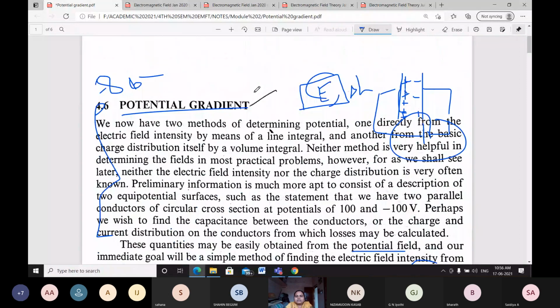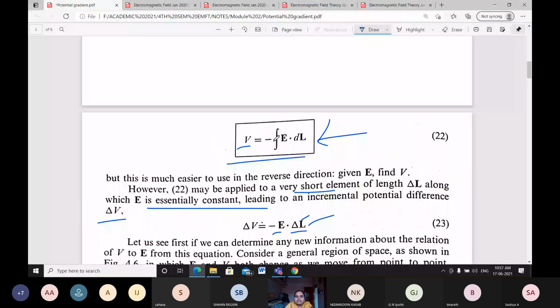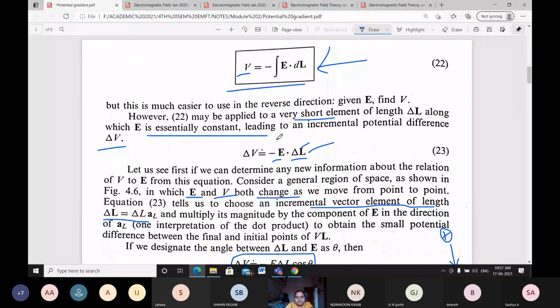First you have to state the potentials we are considering; that is not that important. Then, for finding the electric field intensity in terms of potential, write the equation V equals minus integration of E dot dl. Then the differential incremental length and incremental potential: delta V is equal to E dot delta L.